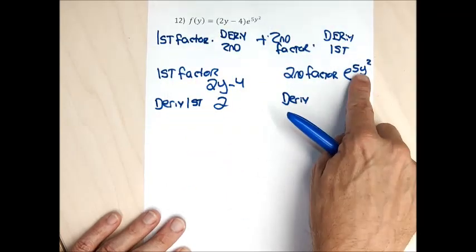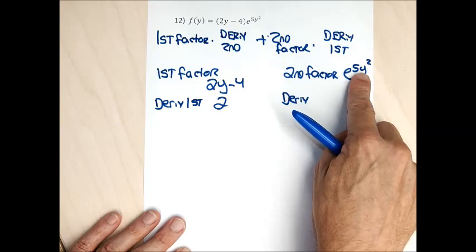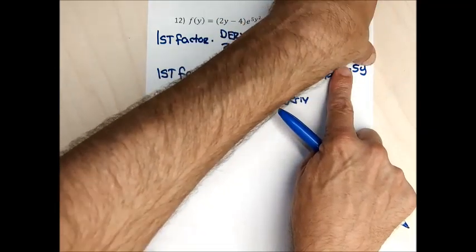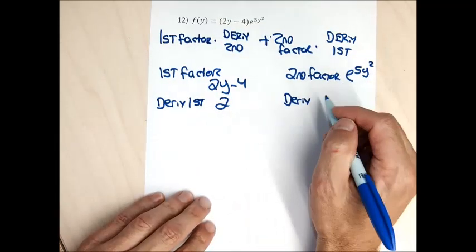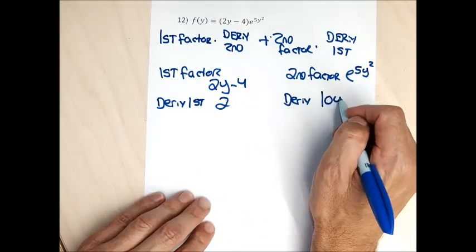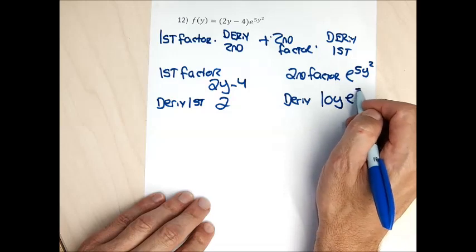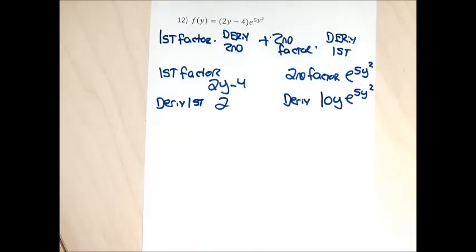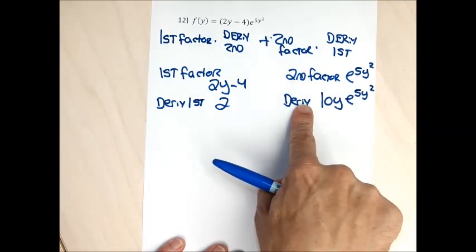So the derivative of e to the 5y squared shortcutted is just the derivative of 5y squared. I go 2 times 5 is 10, lower the exponent by 1 and get a y to the first. So the derivative of 5y squared is 10y. And the function itself, the exponential piece, is e to the 5y squared. That's the shortcut way to find the derivative of an e function that doesn't have a coefficient.